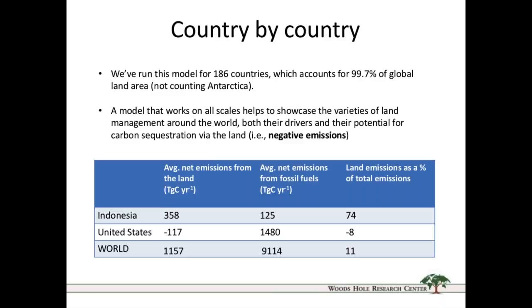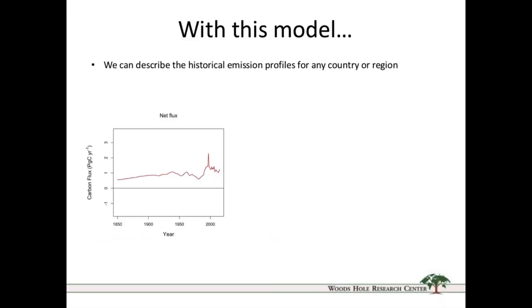The United States has a sink in forests, large emissions from fossil fuels, in fact, a negative fraction of the total emissions from land. And in comparison, the world, about 10 or 11% of the world's emissions of carbon come from changes in land use, land management.